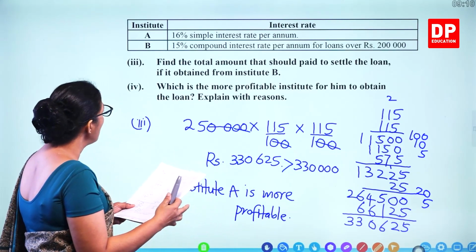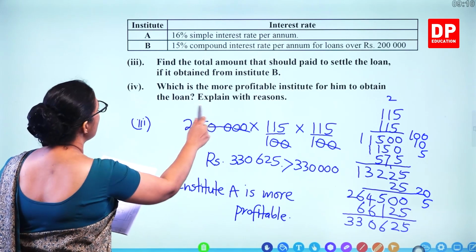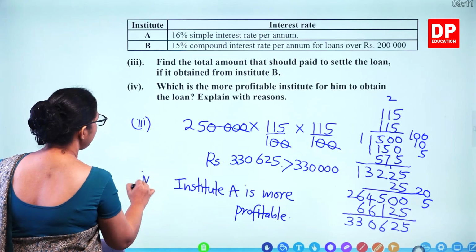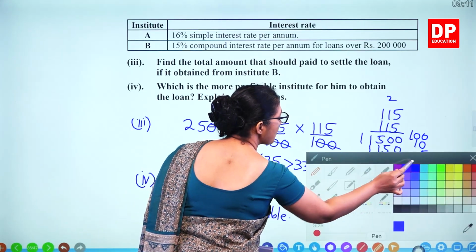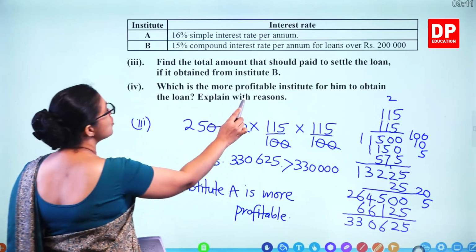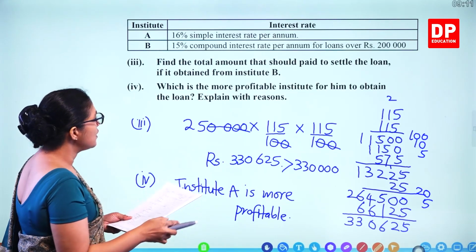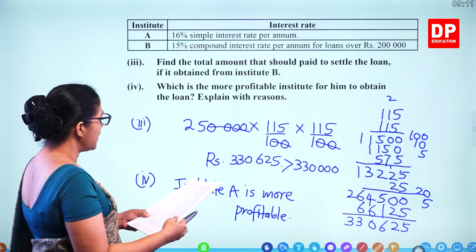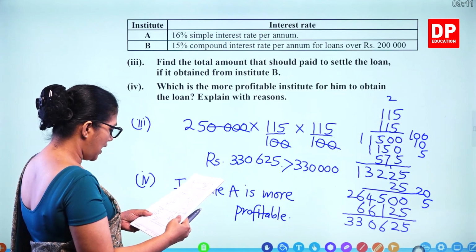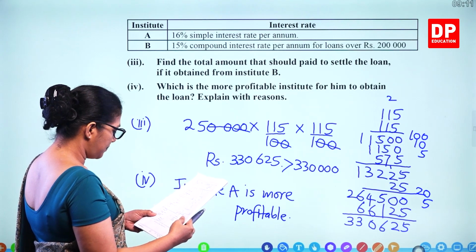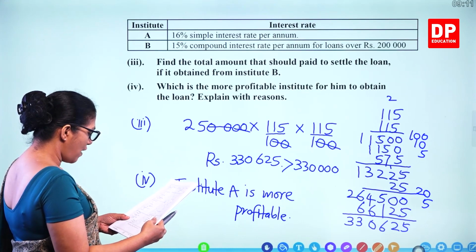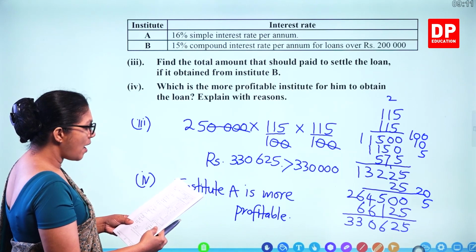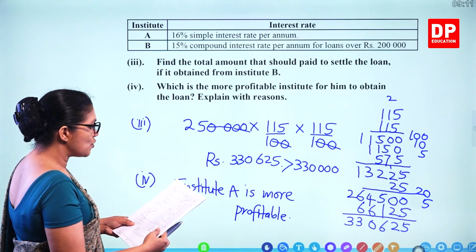So how many marks for this one? I did both parts. So this is the fourth one, because it says which is the more profitable institute to obtain the loan. So how many marks for that? 330,625, you get 3 marks. So altogether 4 marks are there. 1 mark for mentioning that Institute A is more profitable.